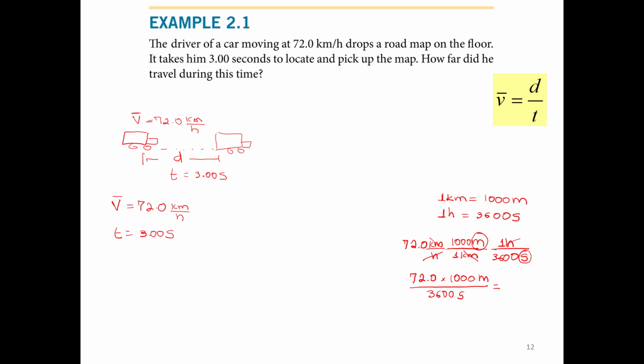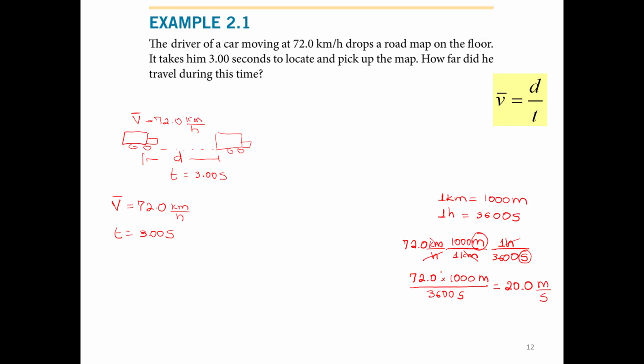If we multiply 72 times 1,000 and divide by 3,600, we get 20.0 meters per second.